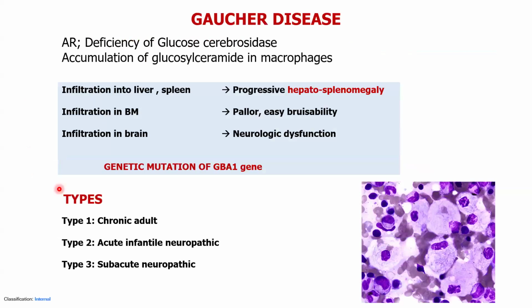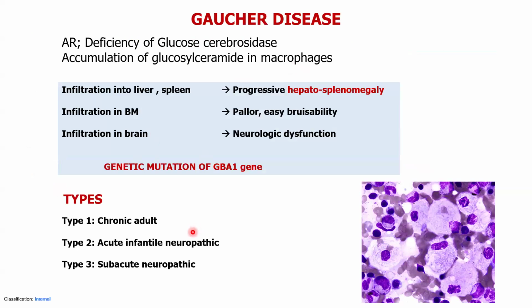Next is Gaucher's disease. Some of you may have come across Gaucher cells in the bone marrow. It is autosomal recessive transmission, and it is due to deficiency of glucocerebrosidase. Accumulation of glucosyl cerebroside happens in the macrophages, and these can show infiltration into the liver, spleen, bone marrow, and brain.